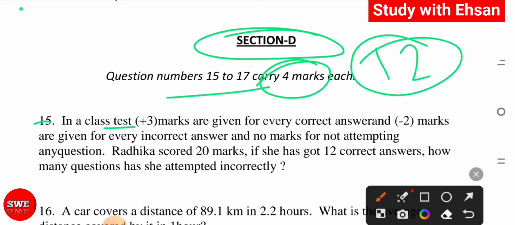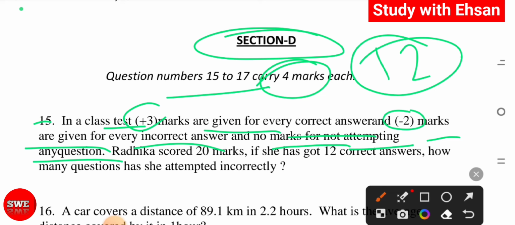In a class test, plus 3 marks are given for every correct answer and minus 2 marks are given for every incorrect answer and no marks for not attempting any question. Okay. एक टेस्ट है आपका, +3 मार्क्स आपको, एक क्वेश्चन आपने सही बनाया, you will be given +3 marks, and for a wrong answer you have not solved it correctly, you have solved it wrongly, then -2 marks will be given, and if you have not attempted a question, no marks will be deducted or given for that question.